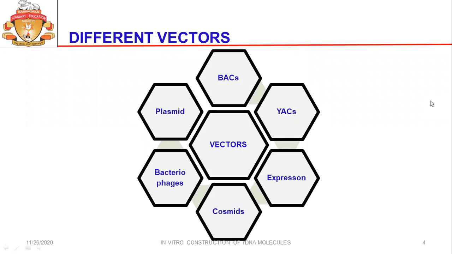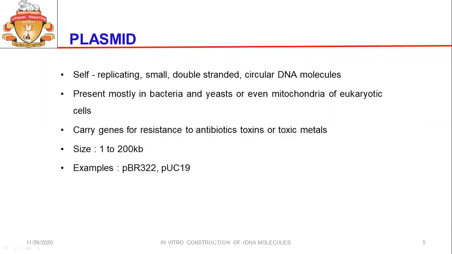So we have different types of vectors. The most common are plasmids, bacteriophages, cosmids, expressons, bacterial artificial chromosomes, and yeast artificial chromosomes. I'm going to discuss only two of them as examples, plasmids and bacteriophages. Plasmids are small, self-replicating, double-stranded circular DNA molecules.